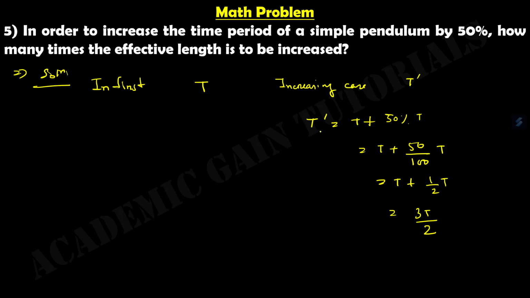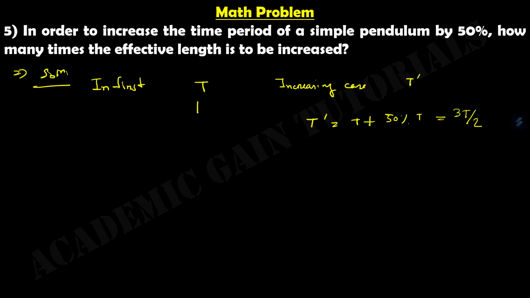So our increased time period T prime equals 3T by 2. I hope you understand how we get this value 3T by 2.